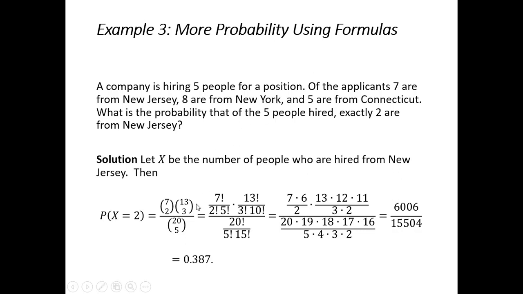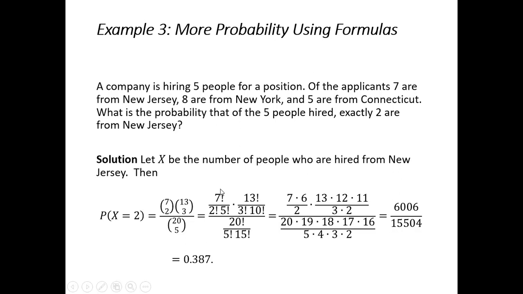So the number of ways to hire 3 from this group of 13 is 13 choose 3. In the numerator, we have to do both. We have to hire 2 people from New Jersey and 3 other people. And in our denominator, we put the total number of ways to hire 5 people from this group of 20. So we have 20 choose 5.